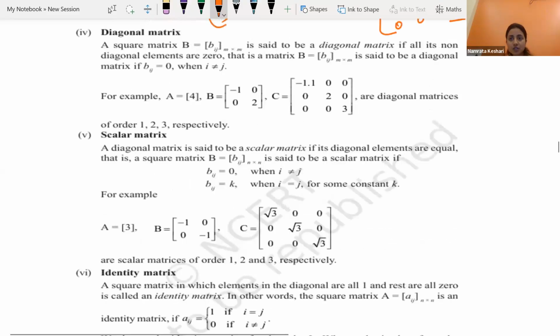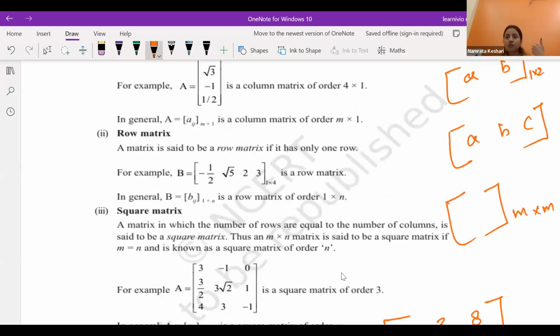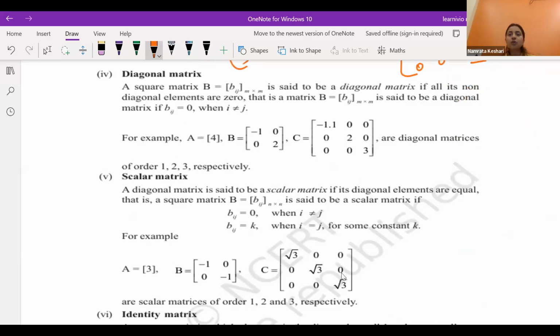So far we have discussed the row matrix, one row, whatever be the number of columns, and the column matrix, one column, whatever be the number of rows. Then we have discussed the square matrix, where the number of rows and columns have to be equal. Then the diagonal matrix, where all non-diagonal elements are 0.